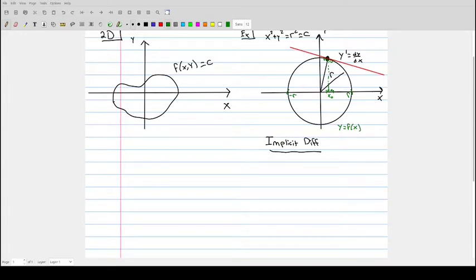This holds in general for more complicated functions, or much more general level curves.